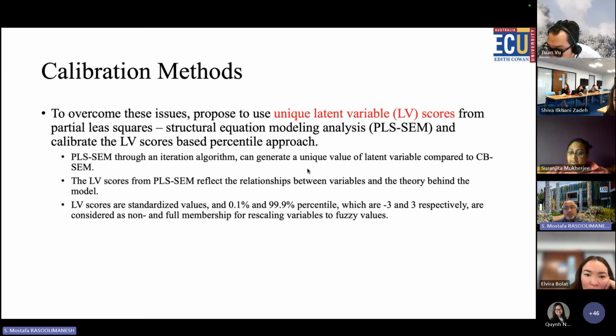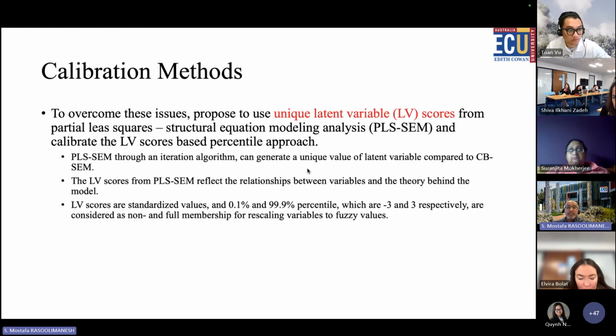For calibration of the standardized value, we propose using -3, 0, and 3 for non-membership, crossover, and full membership. The reason for proposing this is that it is based on the percentile approach but is very accurate, and it covers almost all the values we have, because -3 for standardized values is the 0.1% percentile, not 5% or even 1%.